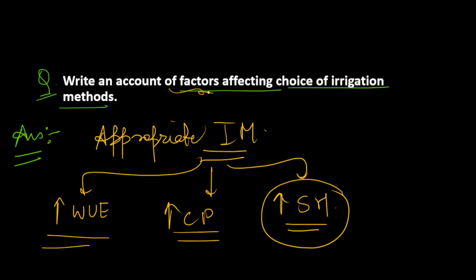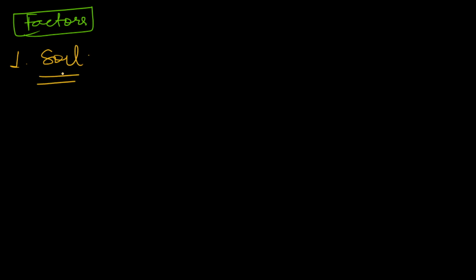Now let's see what are the various factors affecting choice of irrigation method. So the first factor will depend on the type of soil, that is, the soil characteristics.